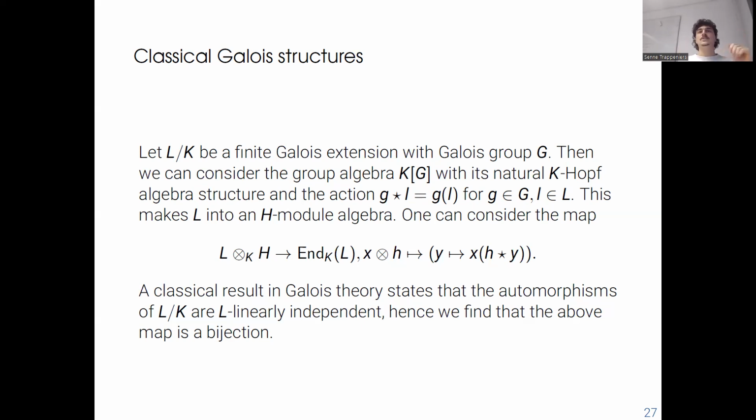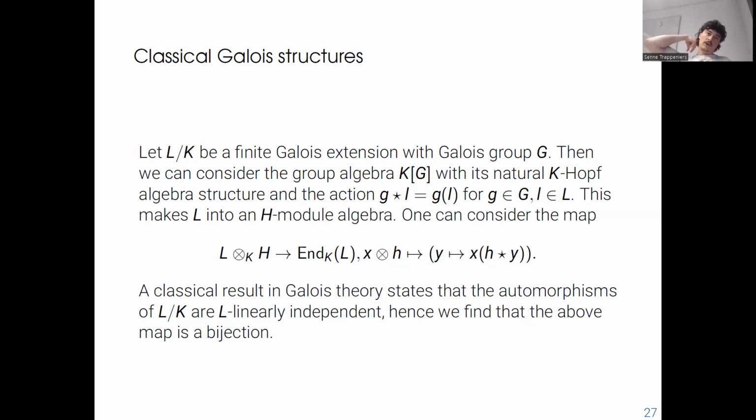And x tensor h is going to be mapped to the endomorphism which maps an element y to, well, here we have y being acted upon by h and then multiplied by x.